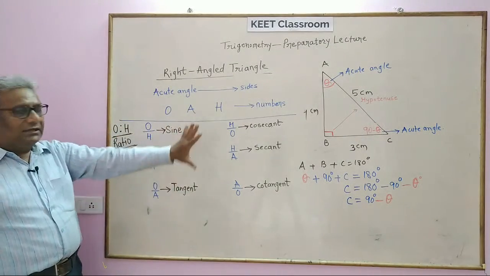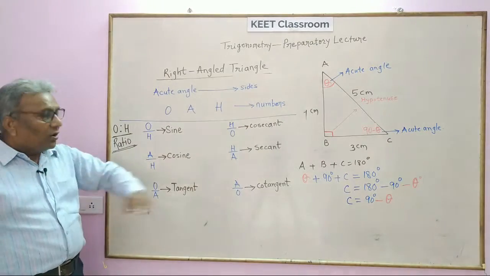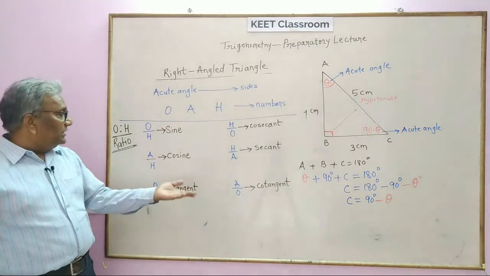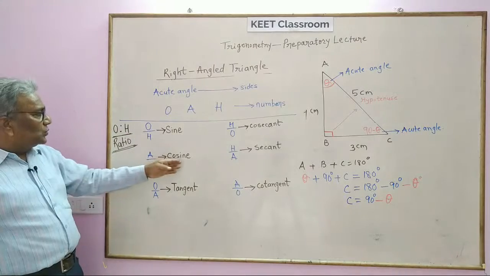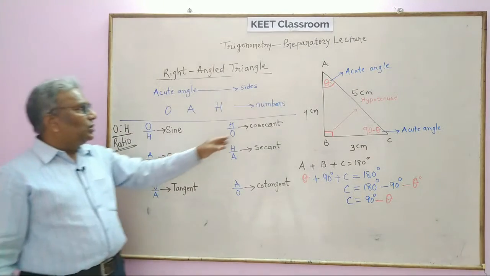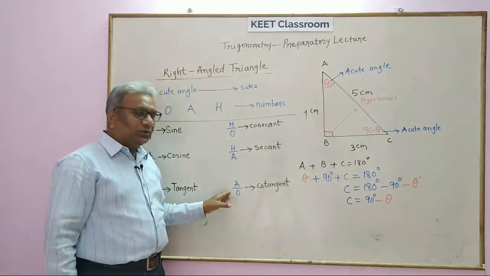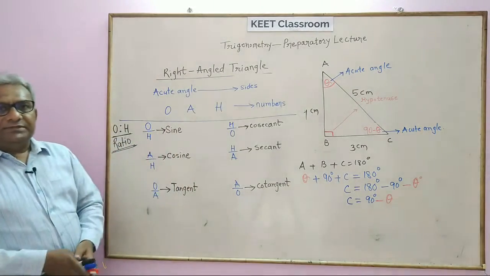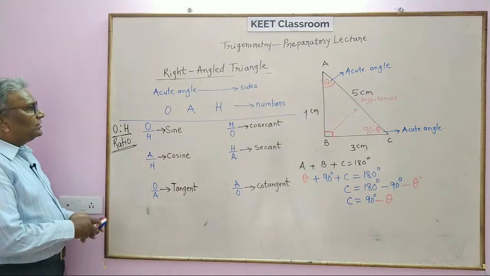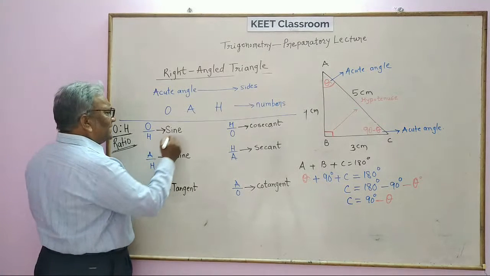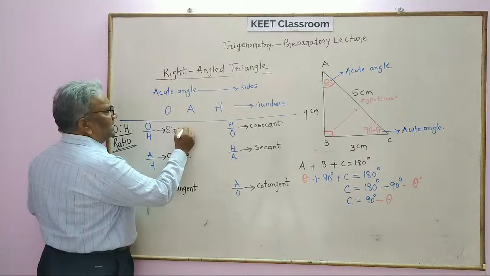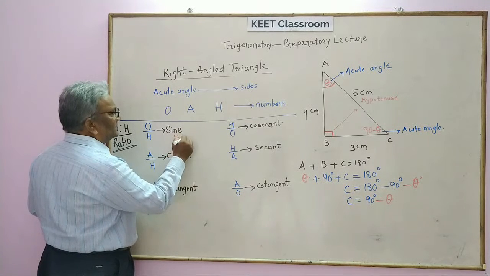Once we get these names, then in the long run, instead of calling it sine ratio, cosine ratio, tangent ratio, cosecant ratio, secant ratio, cotangent ratio, we give some short names. So the short name for sine is sin, S-I-N.